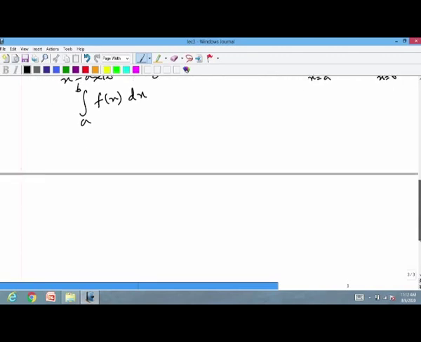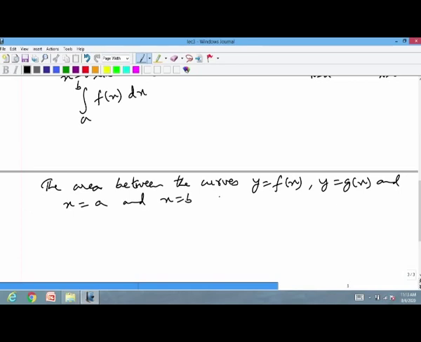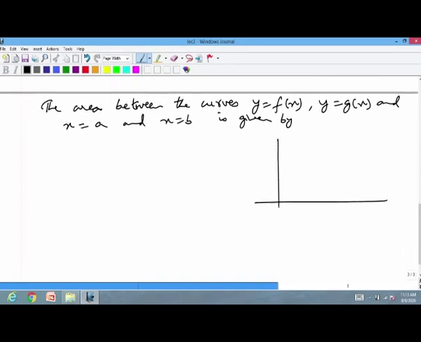Now, suppose we have two functions. So, the area between the curves y equal to f(x), y equal to g(x), and x equal to a and x equal to b is given by... Suppose we have two functions f(x) and another function g(x), and we need to find this area.